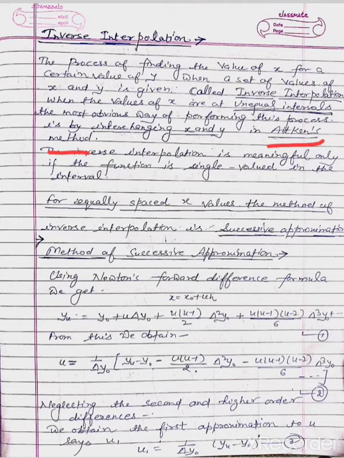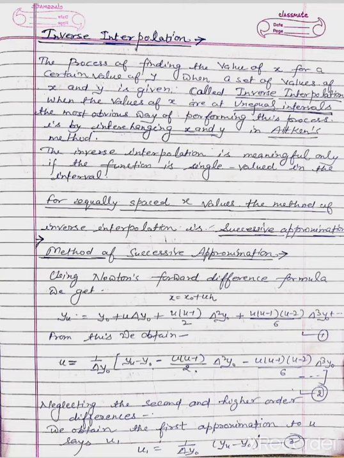So for unequal values of x, we adopt Aitken's scheme. One more important thing is that this inverse interpolation is meaningful only if the function is single valued in the interval.